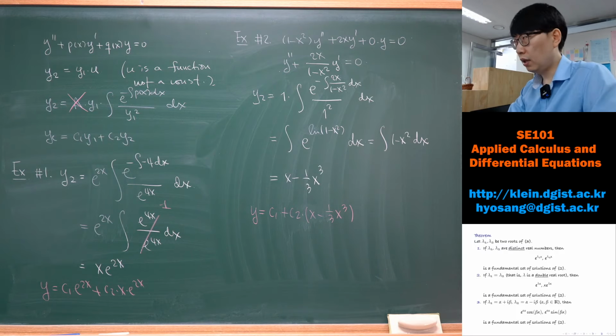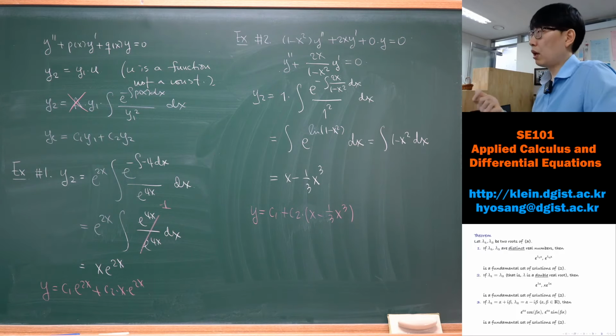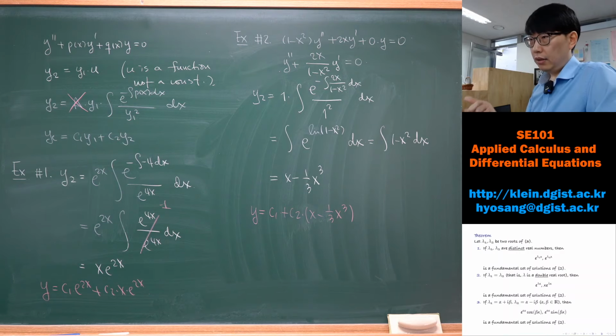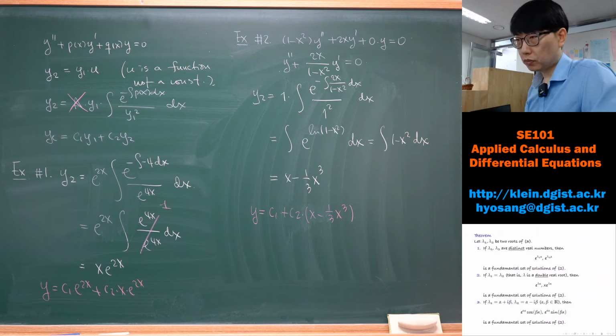When you have a quadratic equation, you have three cases. The first case is two distinct real roots, and the second case is a double root, where lambda 1 and lambda 2 are the same. In that case, e to the lambda x is one solution, and another solution is x times e to the lambda x. You just multiply by x.